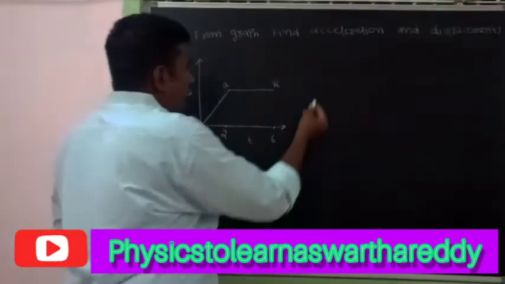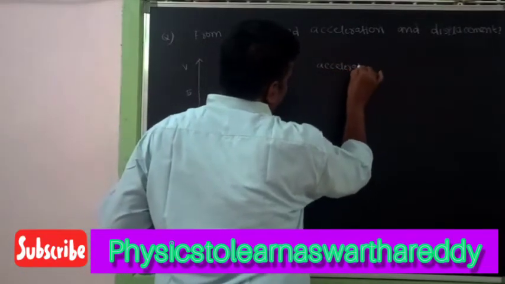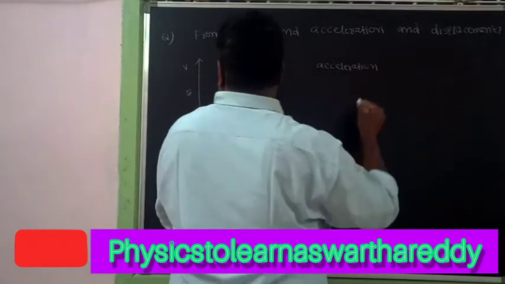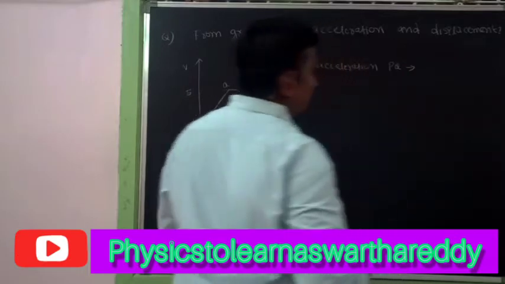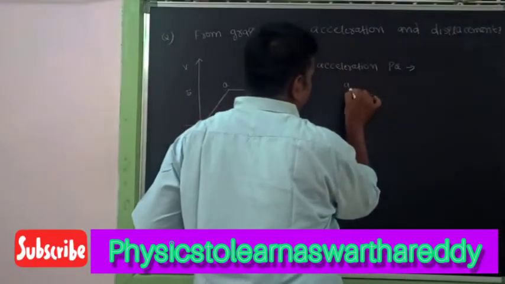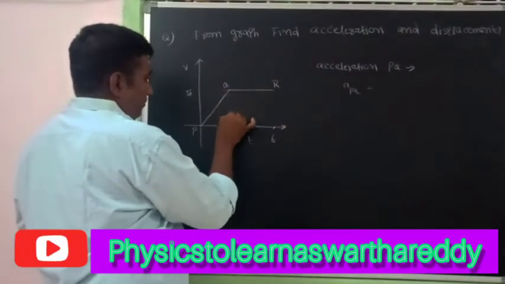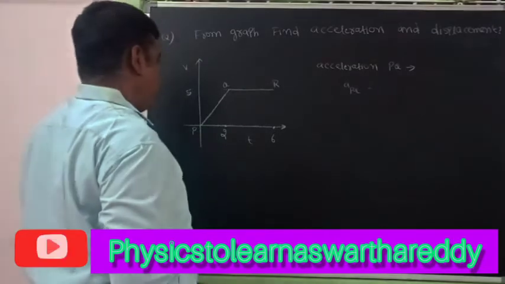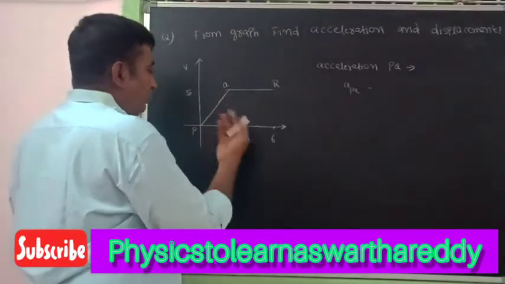So here, acceleration from P to Q. Acceleration is V2 minus V1 by T2 minus T1.